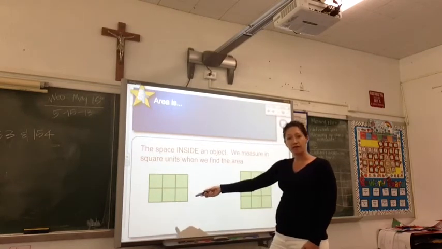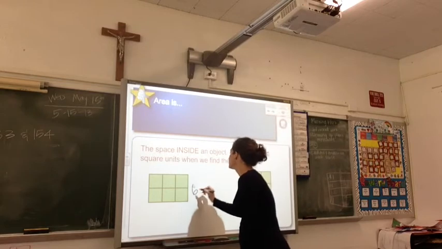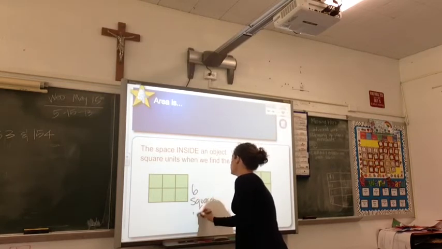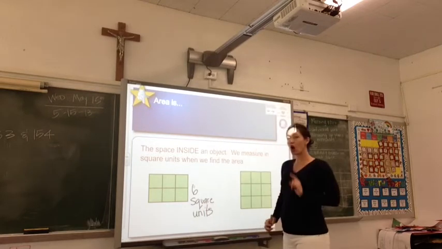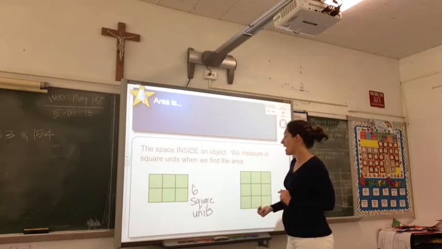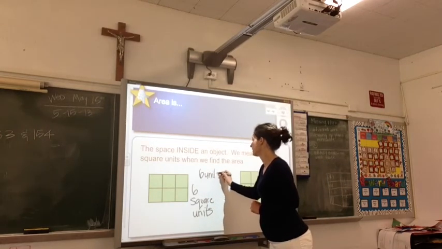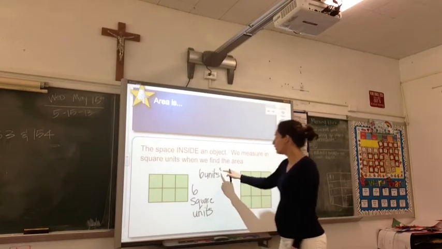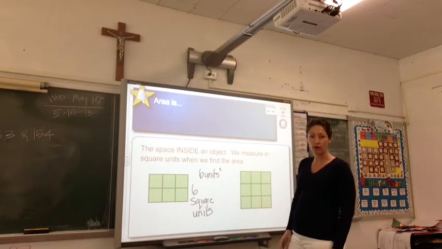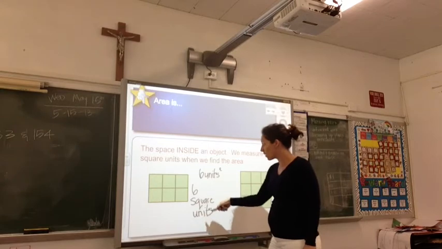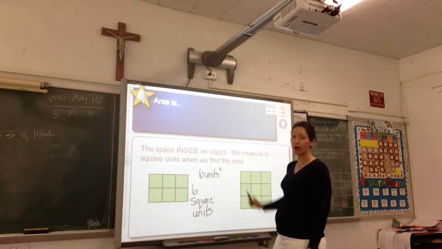So the area of this shape would be 6 square units. Okay? We can also write this as 6 units, and this little 2 up in the air means squared. So we can say 6 square units or 6 units squared.